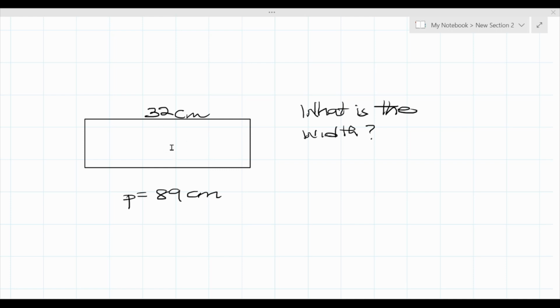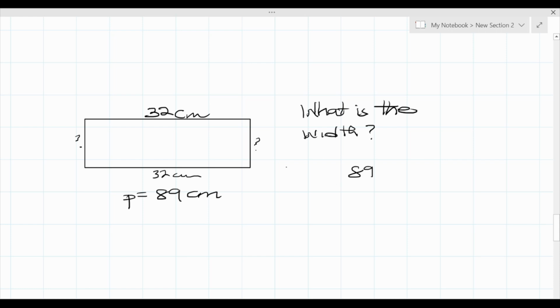Now, again, we have to understand the basic rule for perimeter, the total distance around the shape. So if this is 32, and we have to understand that this is a rectangle, so the two long sides are going to be equal. So this would be 32 centimeters as well. And then we don't know what is here. We don't know what is here. All right. So what do we know? We know that the total is 89.